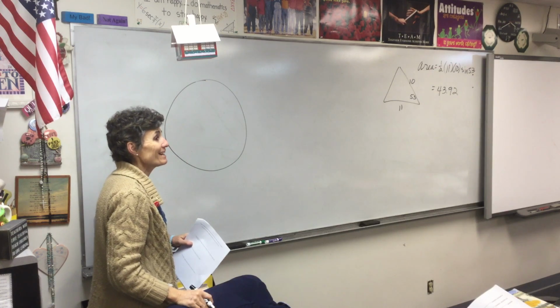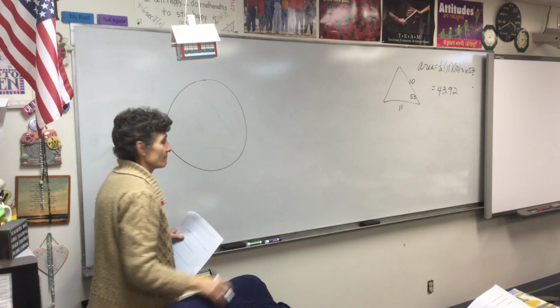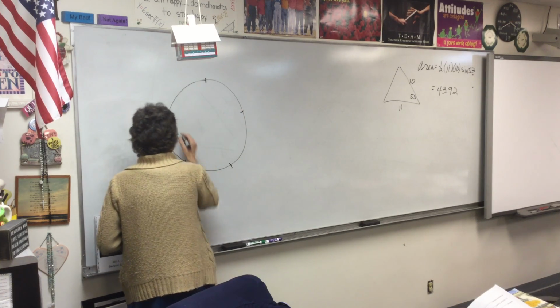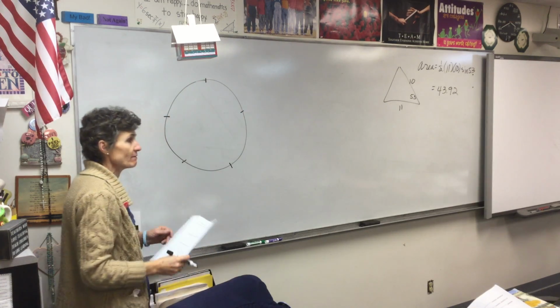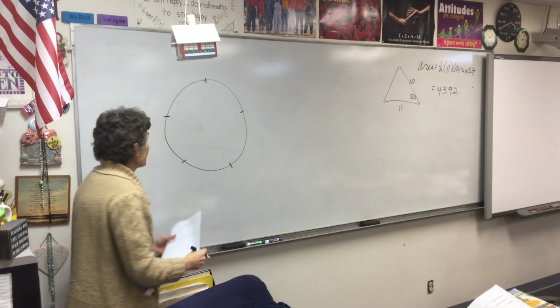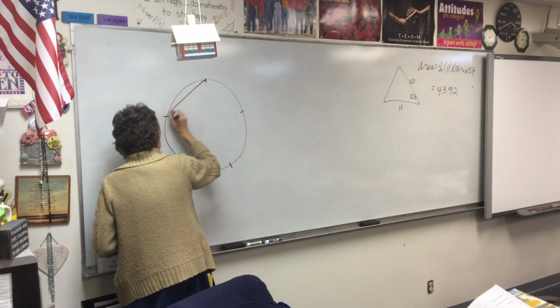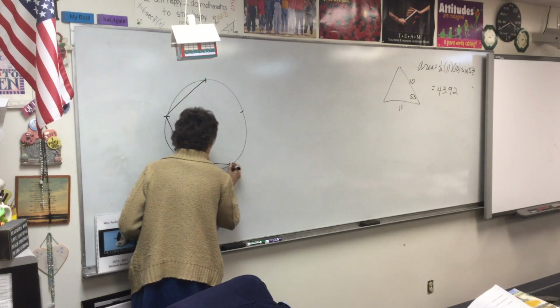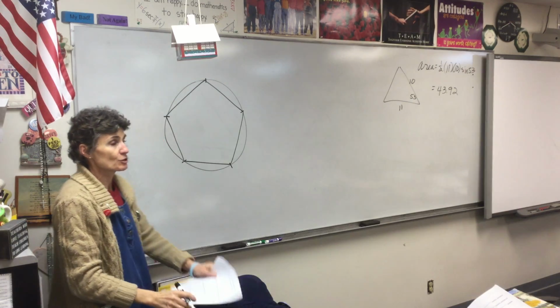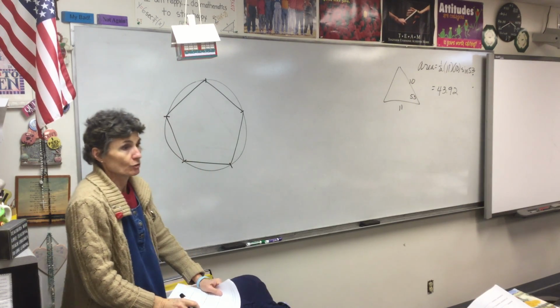Now, what does pentagon mean? 5. So I want you to put 5 marks on this circle, kind of spread them out so they're even as you can make them. Don't worry about being perfect. And then I want you to connect those marks. And there's your pentagon inscribed in a circle.